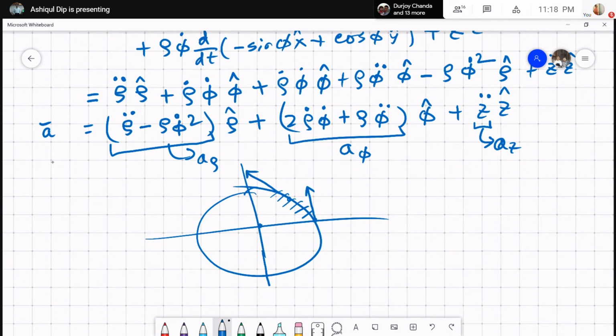Your rho hat dot gives rise to something, also your phi hat dot gives rise to something. So you have to take that into account as well, that your representation along your time has changed a little bit.